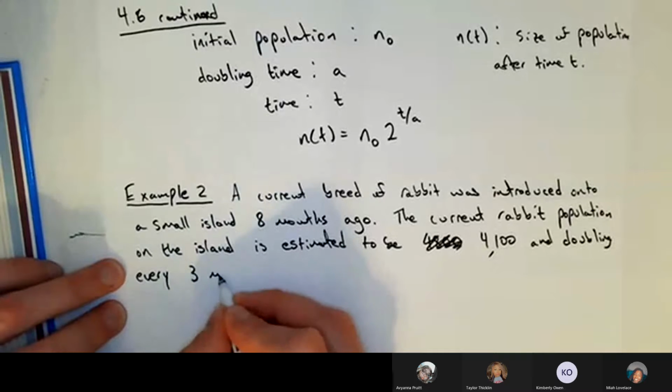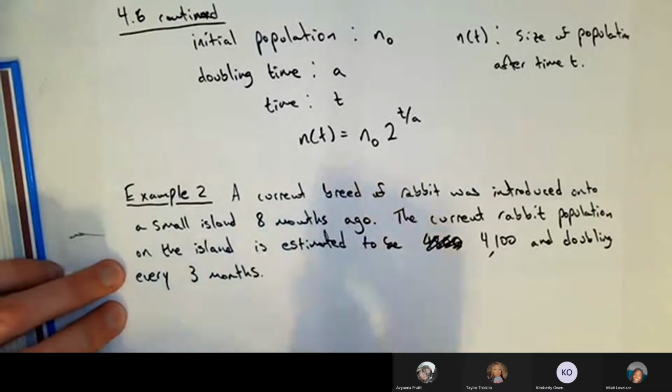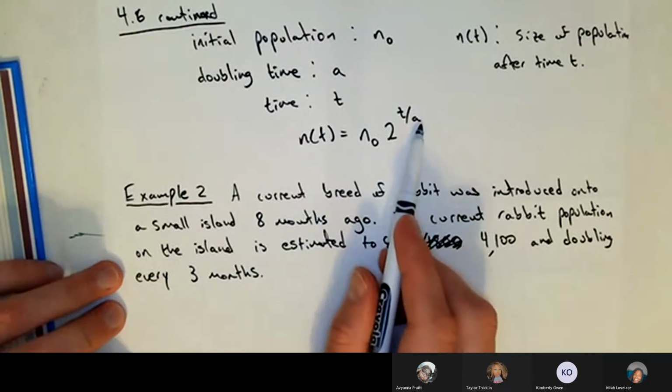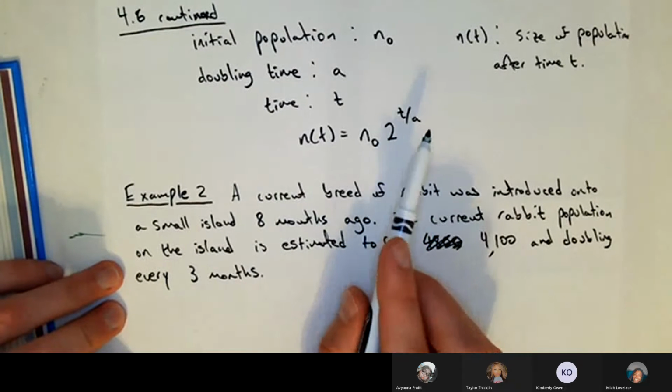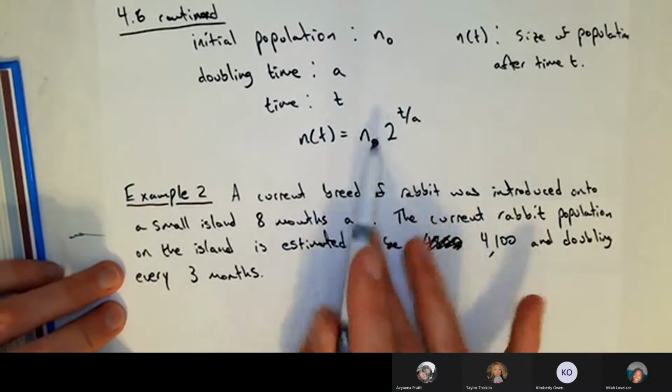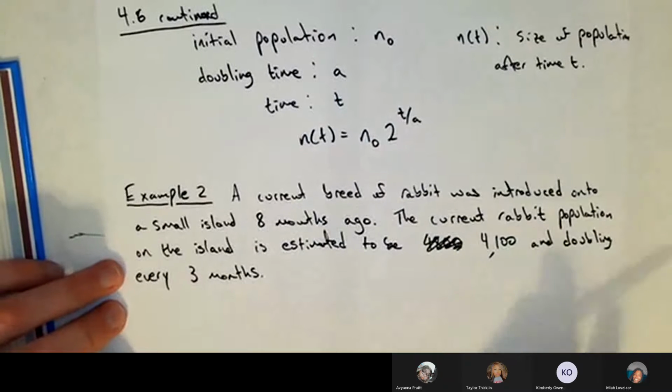Sorry, I was reading a different problem. Okay, so we're seeing some key things here. I'm seeing that doubling time. That to me is telling me that a should be 3. And t is just time. t is going to pop up after they ask me for some span of time.